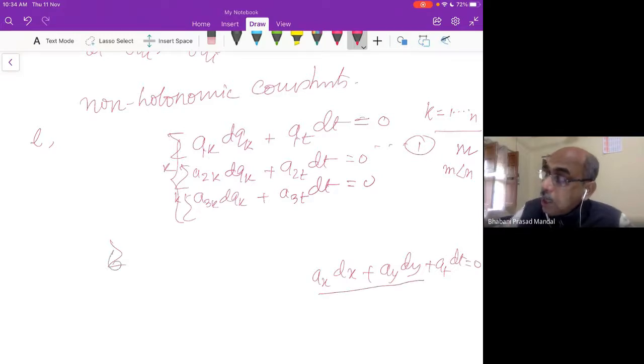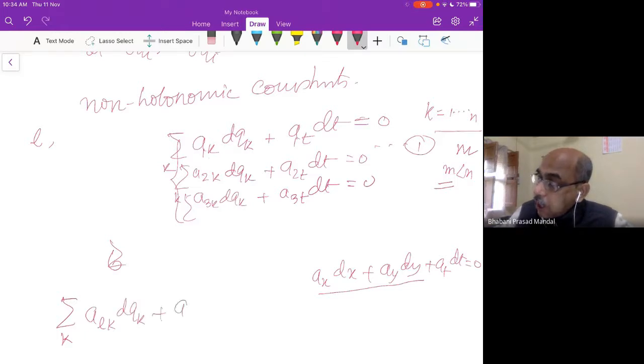So if you have m number of such constraints, I can write this equation as the sum over k of a_lk dq_k plus a_lt dt equal to 0, with k from 1 to n, and l from 1 to m.